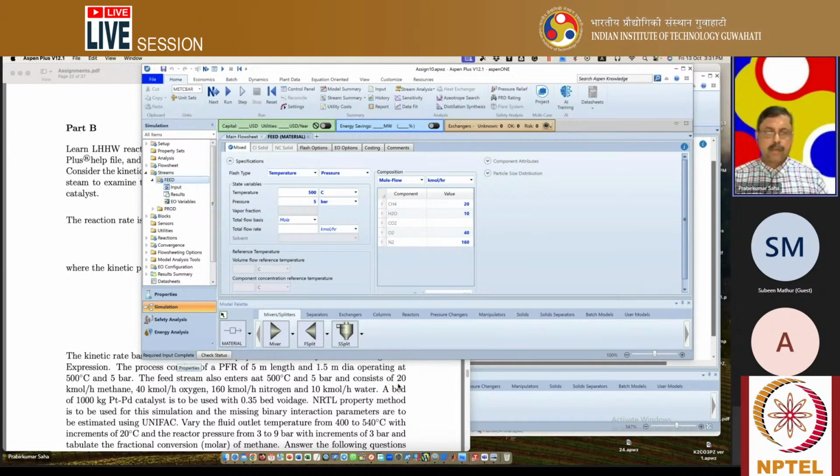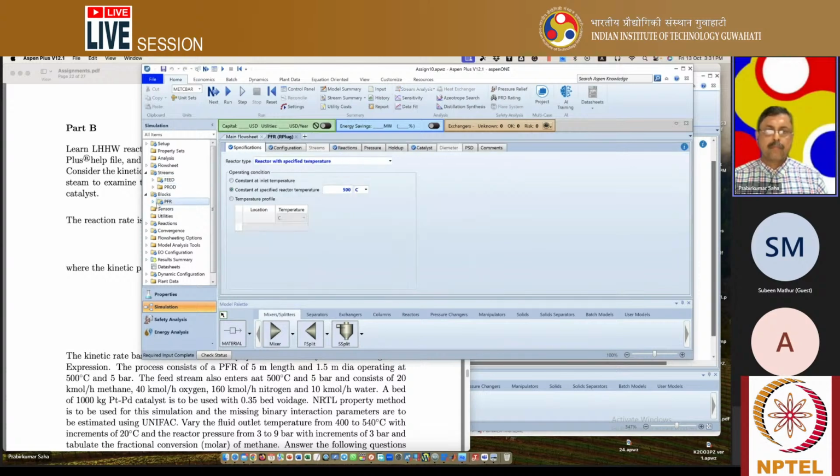20 methane, 40 oxygen, 160 nitrogen, and 10 water. Okay. So PFR, okay, PFR.